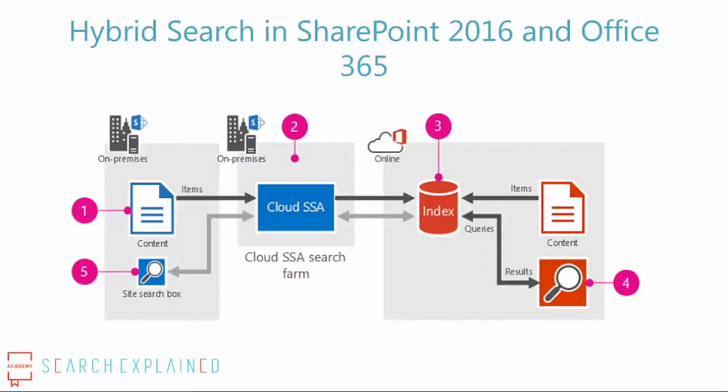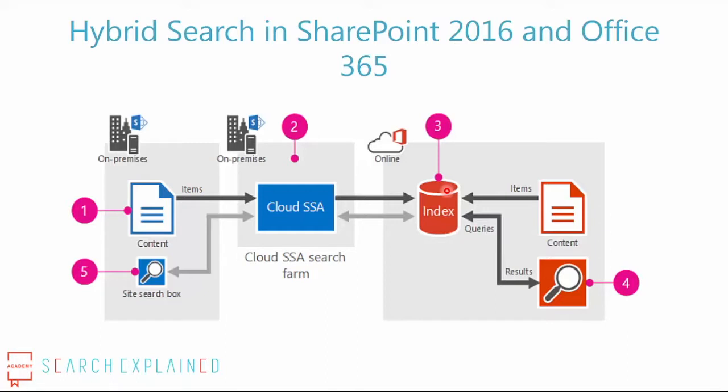With hybrid search, what we can do is, in on-premises, we set up a cloud SSA, a cloud search service application. And this cloud search service application, as I said, is deployed on-premises. Therefore, it can crawl items that are being stored on-premises. But it sends everything to the cloud index in Office 365.